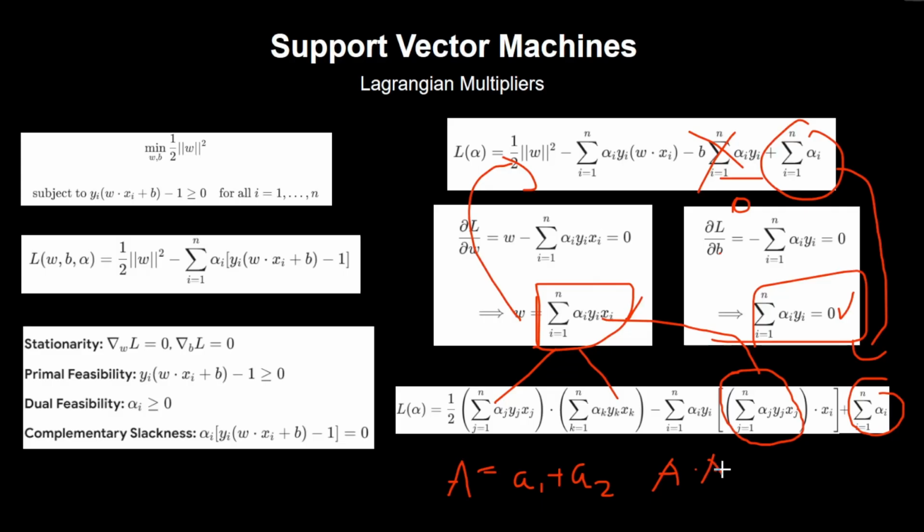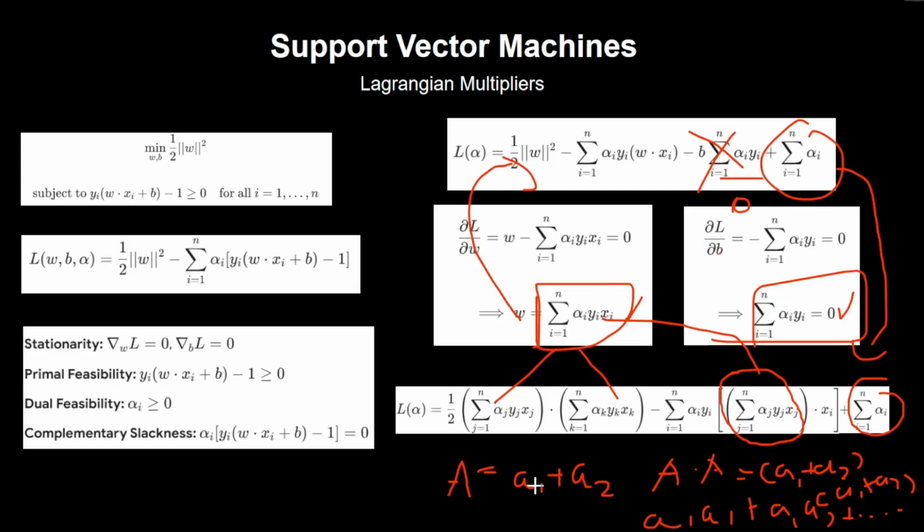what do we have here? We have a1 plus a2 multiplied by a1 plus a2. If we multiply this both, we will have cross multiplication a1 times a1, a1 a2, and similarly we'll have the rest of the terms.